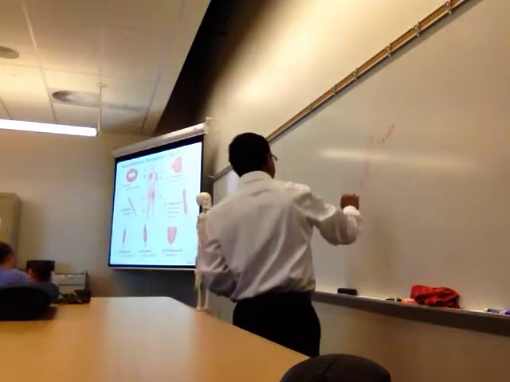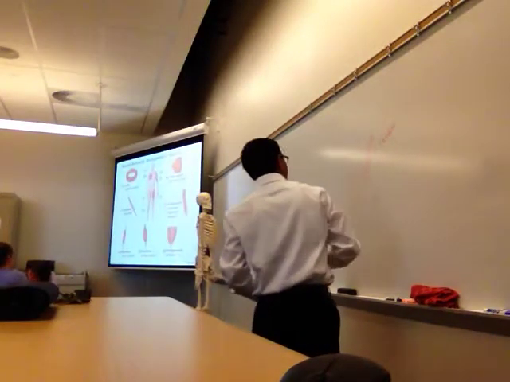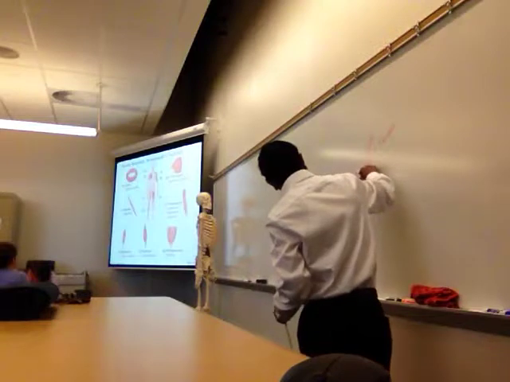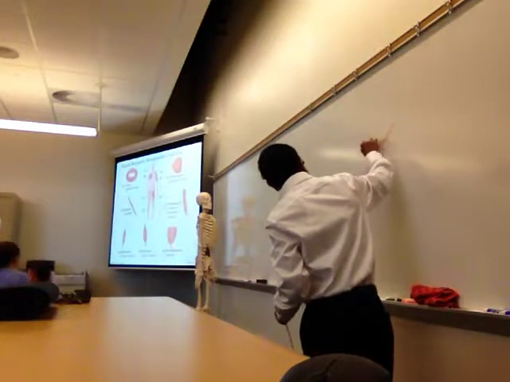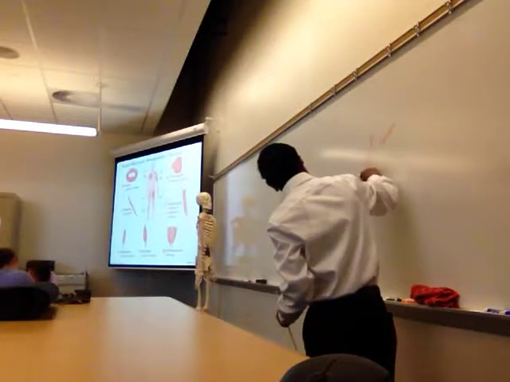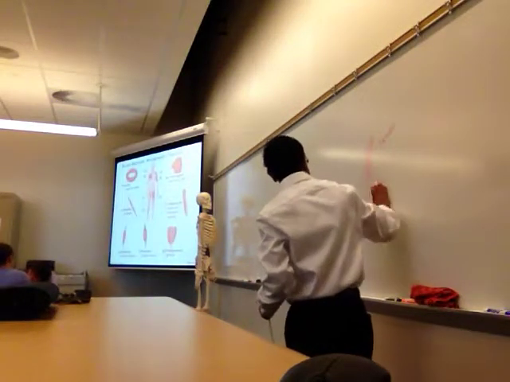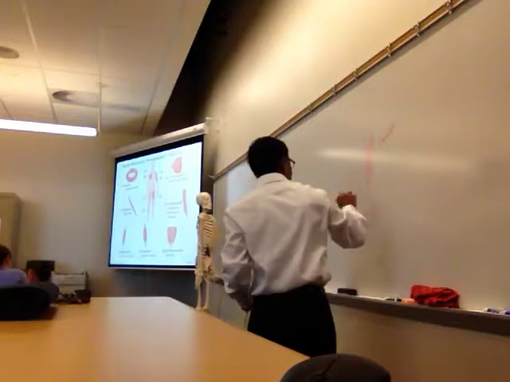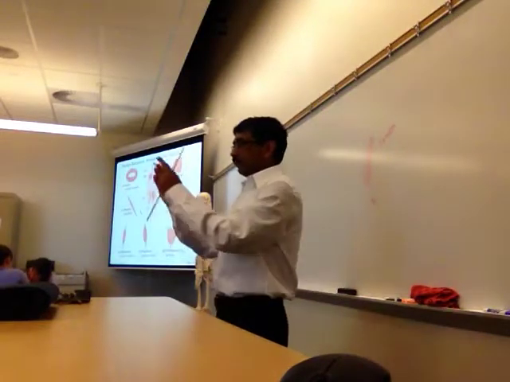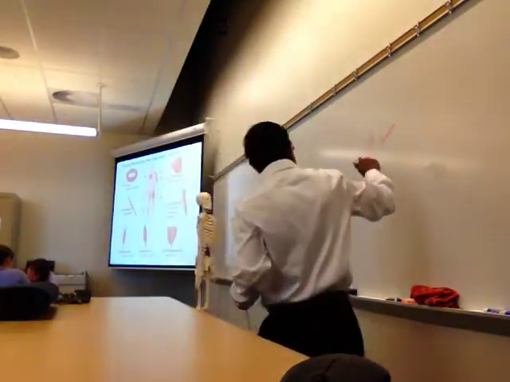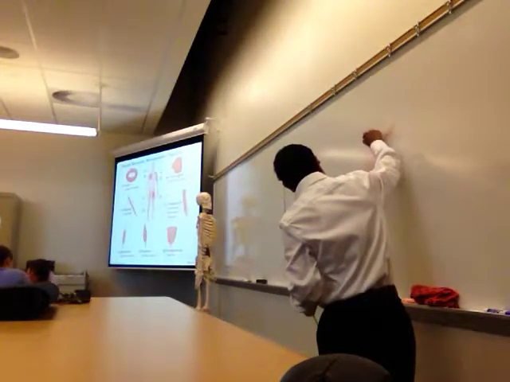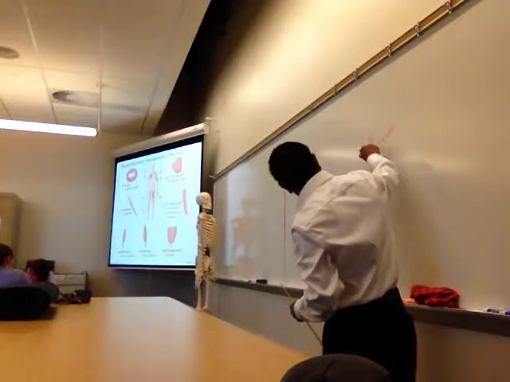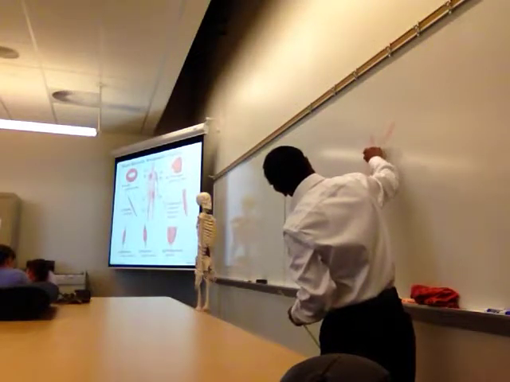Uni means one. Now, if muscle fibers arise from both sides of the tendon, in that case, this muscle is called bipinnate. Okay, from both sides. Now, if in the muscle you see more than one tendon, this is one tendon, this is another tendon, and you see muscle fibers from there.